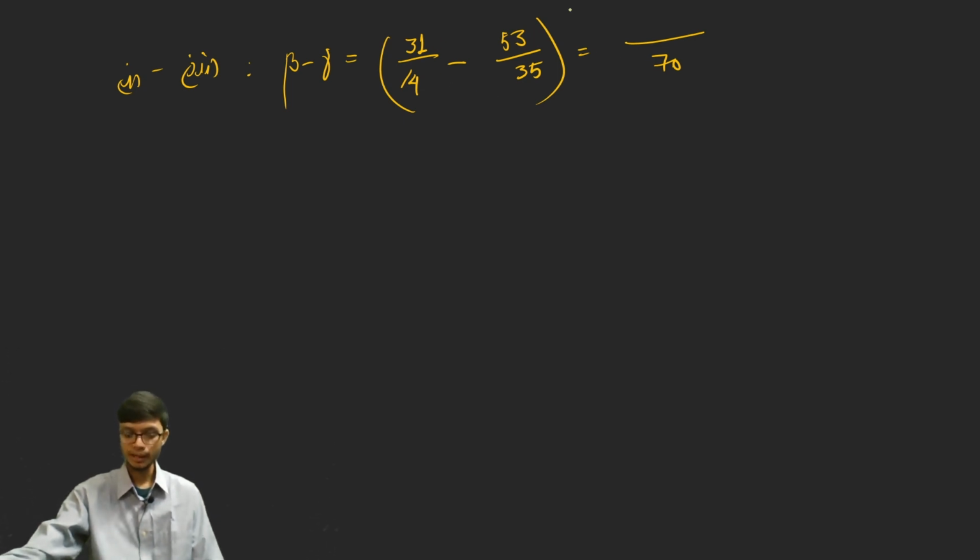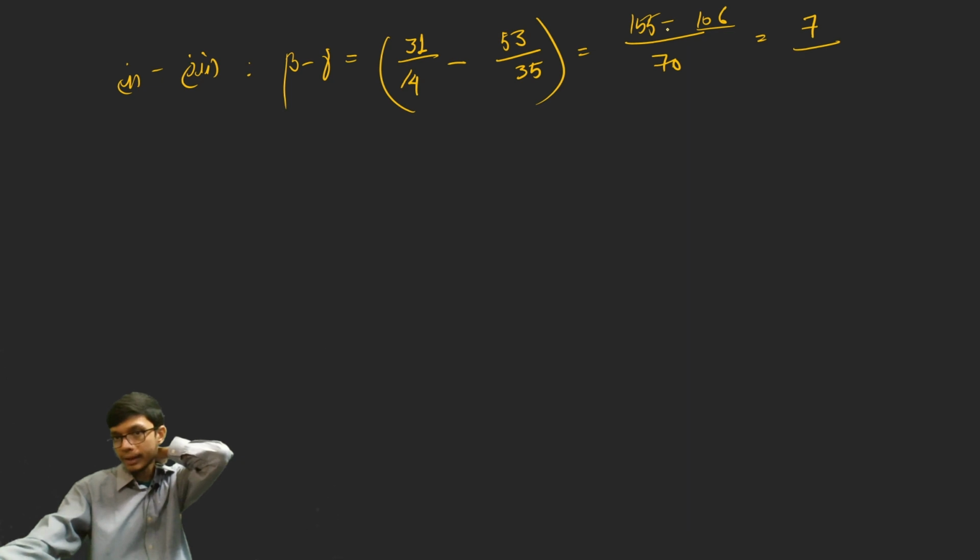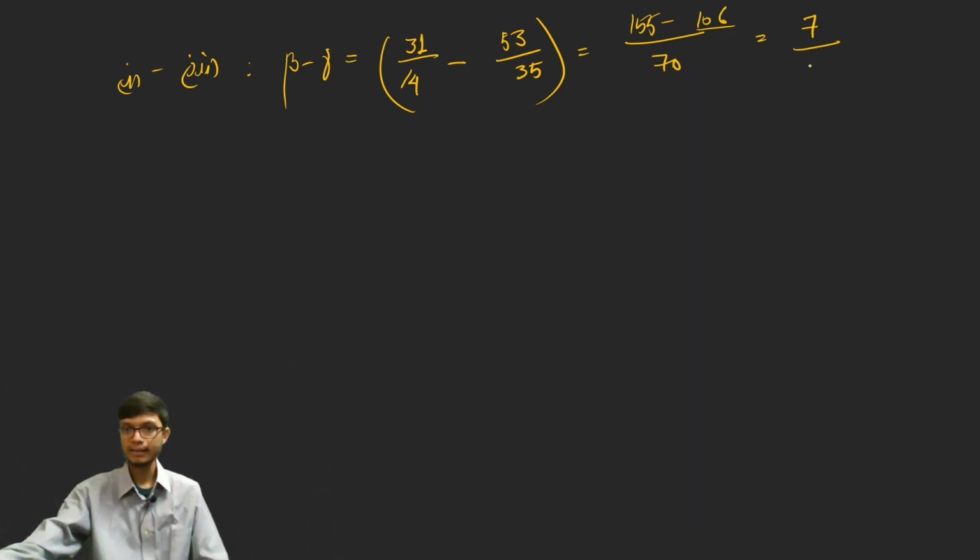This will be 31 into 5, that is 155, minus 53 into 2, that is 106. So from here, the result will be 49 by 70, and that is 7 by 10.